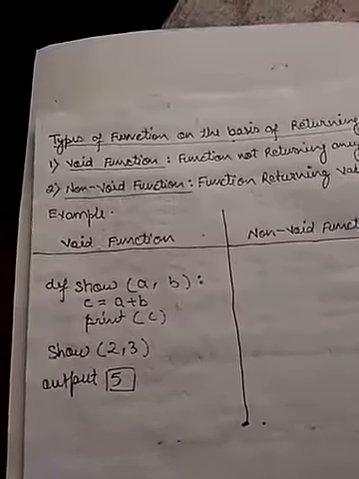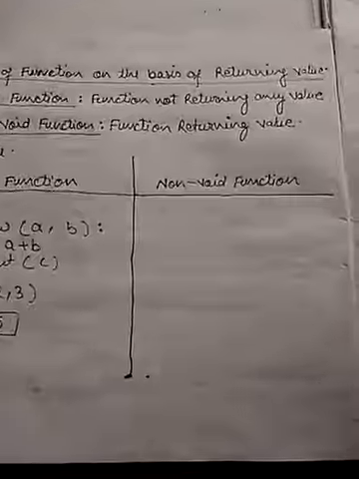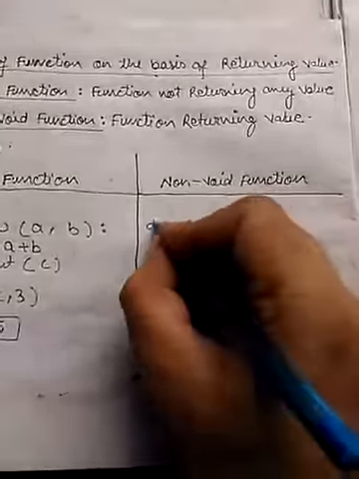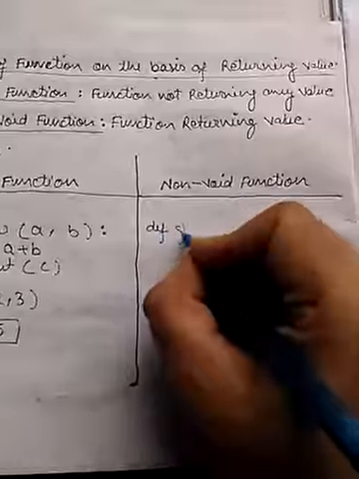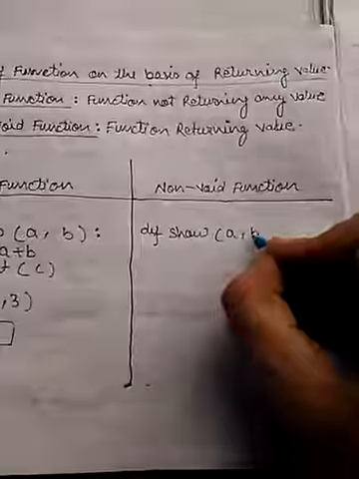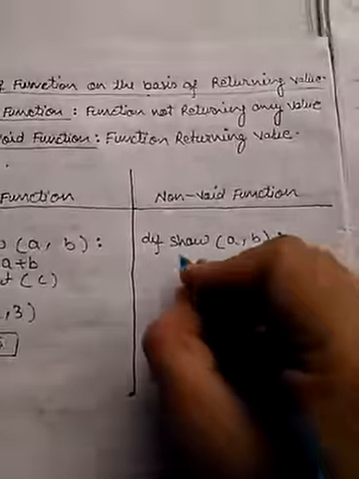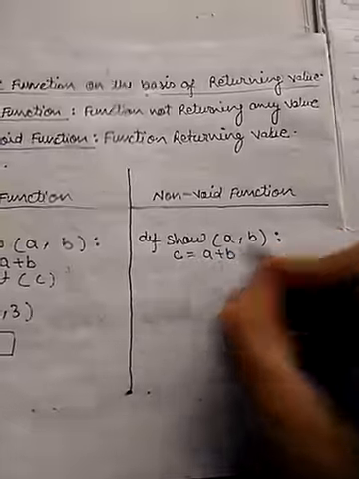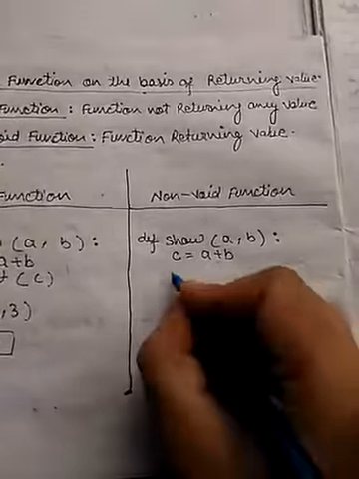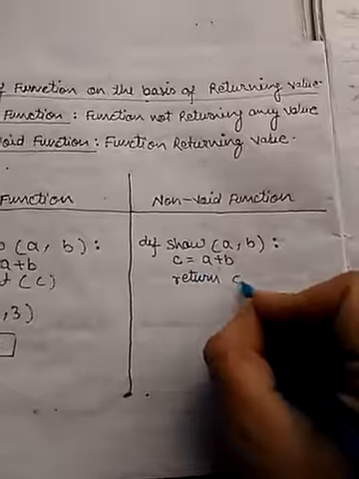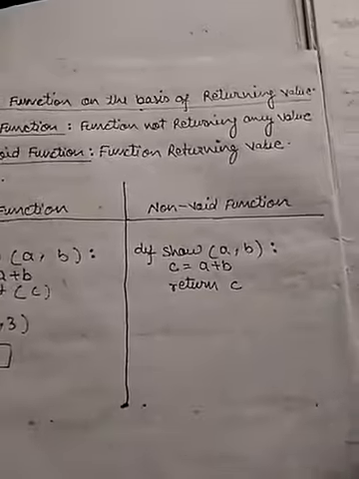Now what is a non-void function? Non-void functions are those functions which return a value. Now how do we do that? def show a, b, c equal to a plus b, return c.